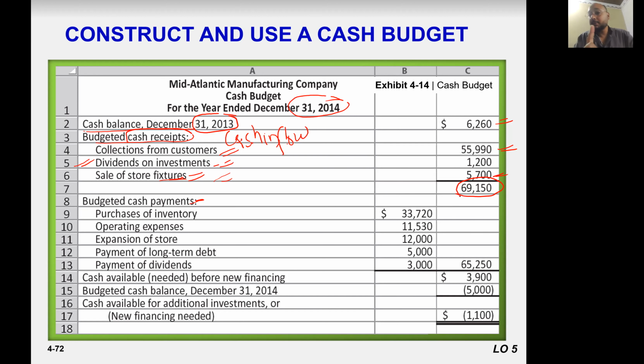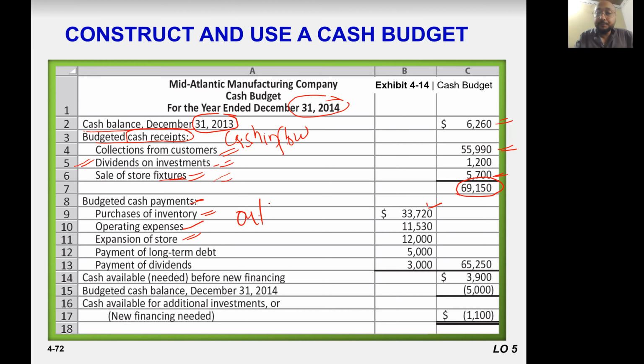And our payments. Number one payment is payment to our supplier for inventories, right? Operating expenses include utility expenses, salaries, electricity, all the expenses, water charges, like that. Expansion of the store, this is also a payment.